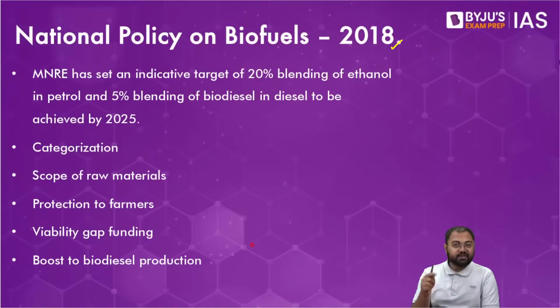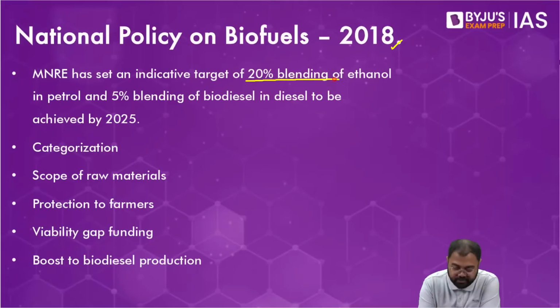So if you see, as a part of the national biofuel policy, the major objective is that there should be 20% blending of ethanol in petrol and 5% blending of biodiesel in diesel, and this is to be achieved by 2025.